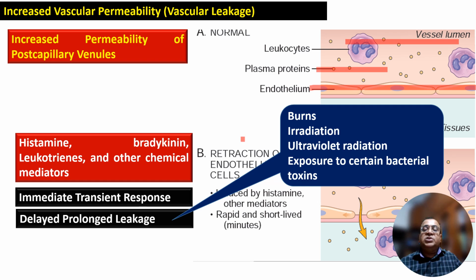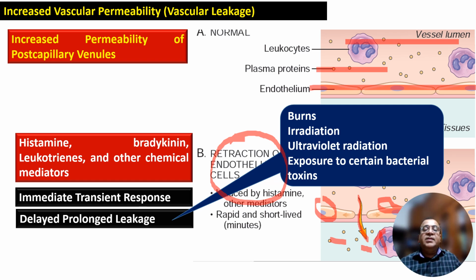There is retraction of the endothelial cells, like you see here. Here there is contraction of the endothelial cells, and due to contraction of the endothelial cells, there is an increase in gaps through which these plasma proteins are leaking out along with the blood cells.